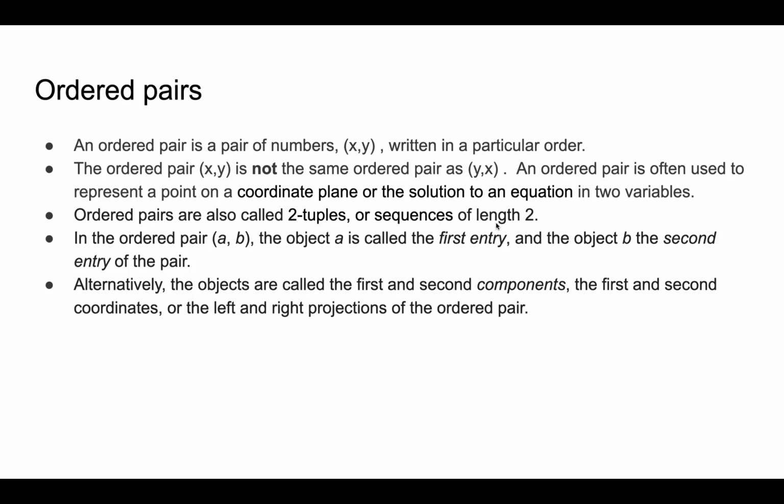An ordered pair is often used to represent a point on a coordinate plane or the solution to an equation in two variables. Okay, now examples for that are given. In graph theory, we have seen graphs on that green colored paper, which were there in schools, and I think in your diplomas also you may have gone through this.